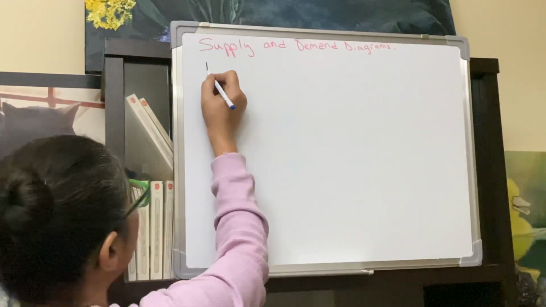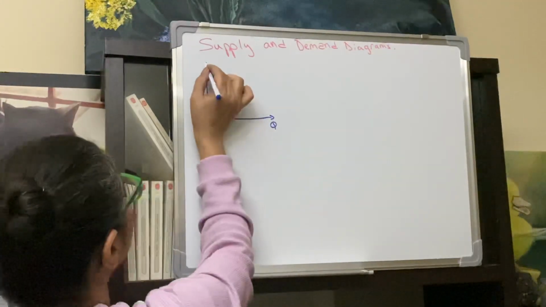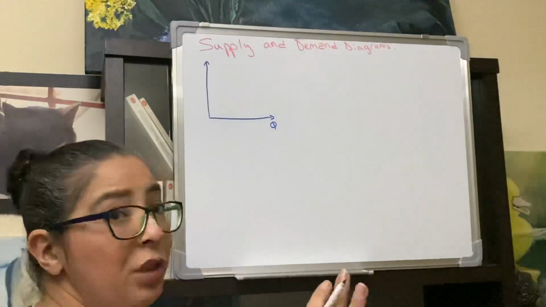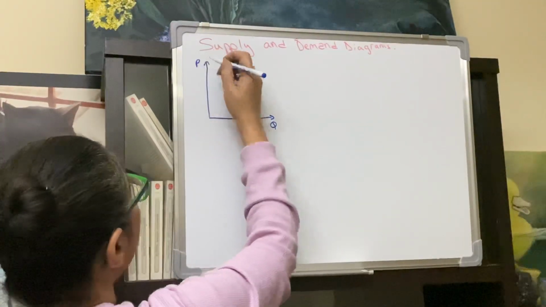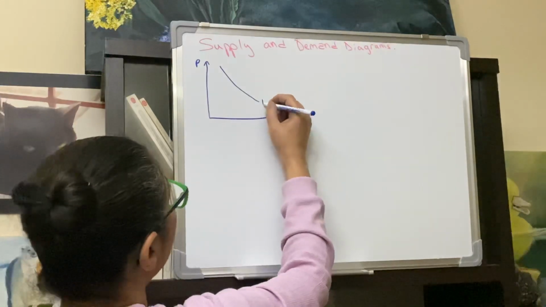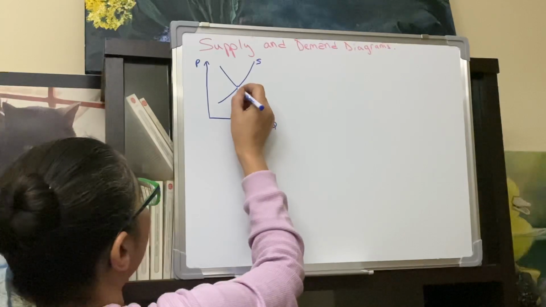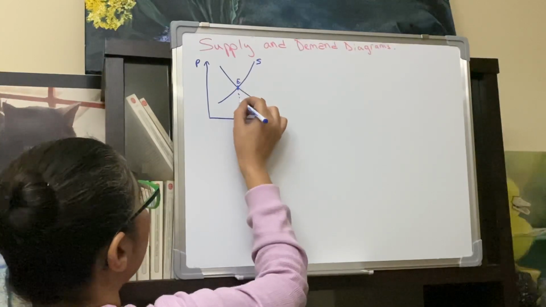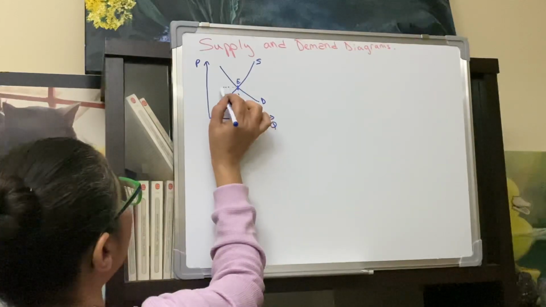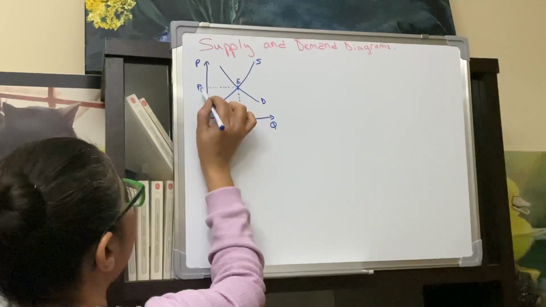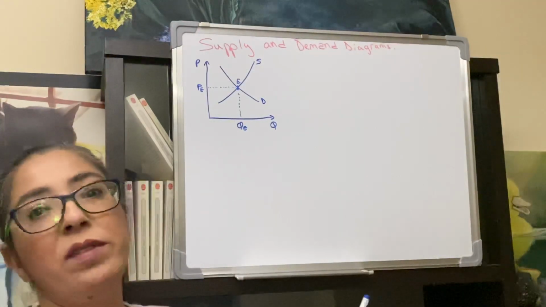I'm going to make them small because I'm going to make a lot of them. Q, it's not QS, it's not QD now because we're putting both of them together. And P. You plot a curve of demand, you plot a curve of supply, you plot your E, then you show your QE and your PE. Okay? And then we're going to see what the situation is.